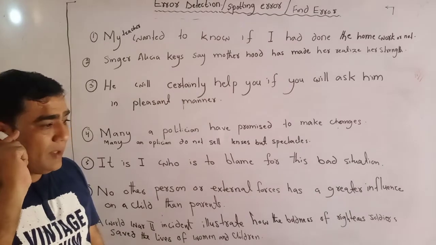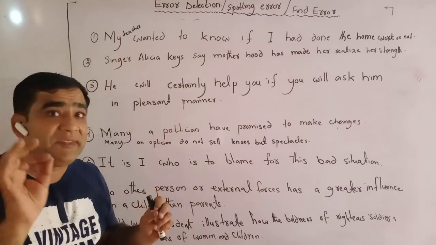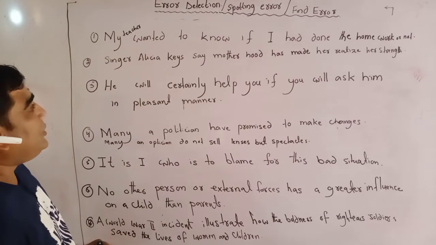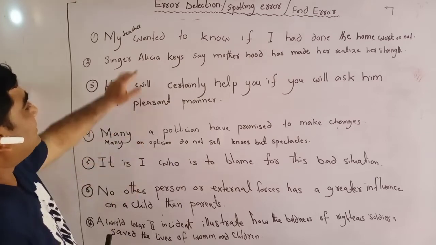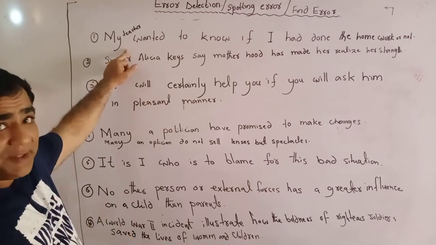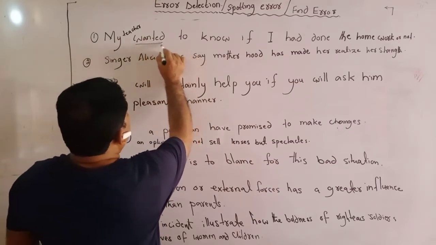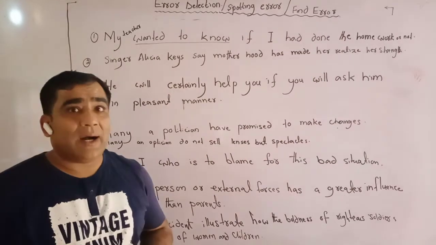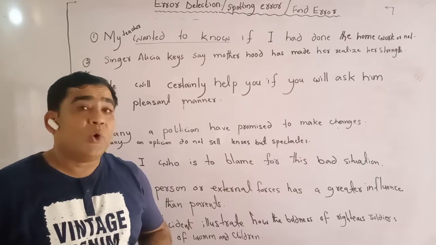Student, watch over the sentences and listen to what I am going to say. My teacher wanted to know if I had done the homework or not. This sentence is in reported speech. When we use wanted to know, it also means asked, inquired, demanded, questioned.